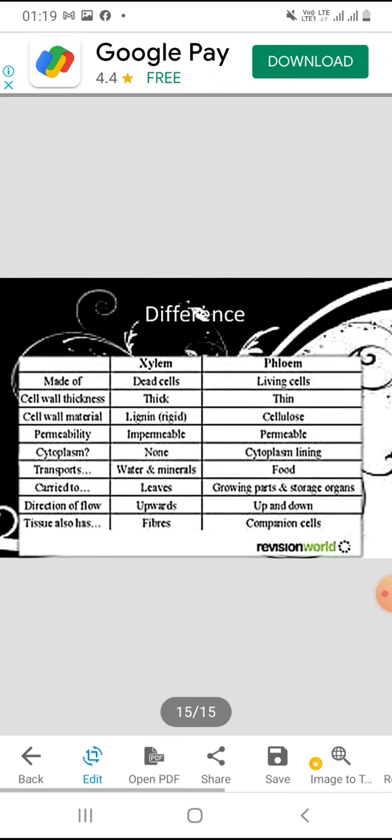Transport: xylem water and minerals, phloem food, carried from leaves to growing parts or storage organs. Direction of flow: xylem upward, and phloem up and down. Tissues also have fibers, and phloem has companion cells.